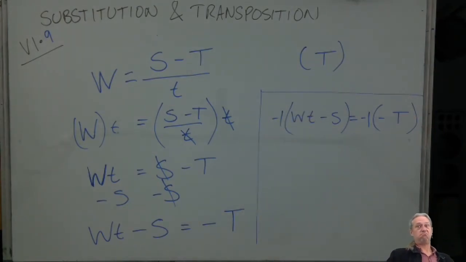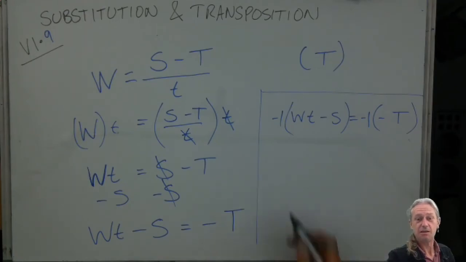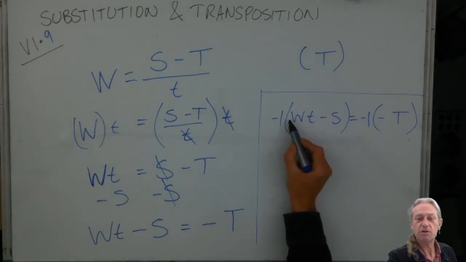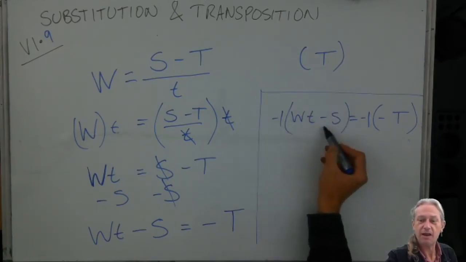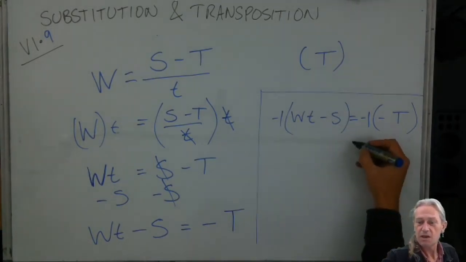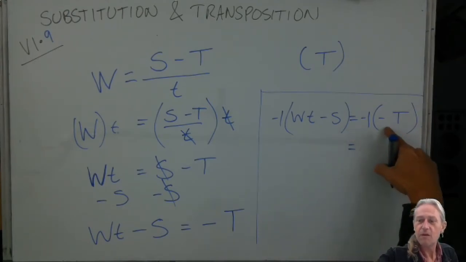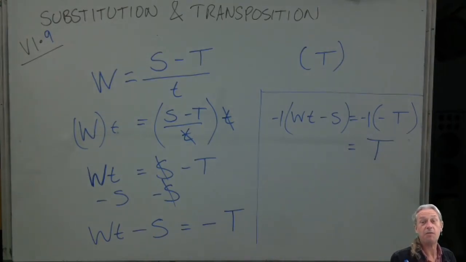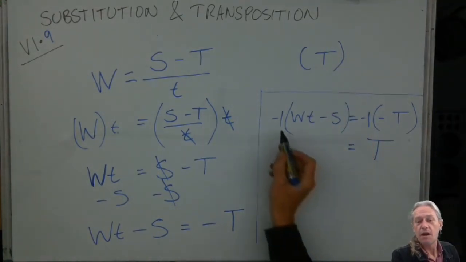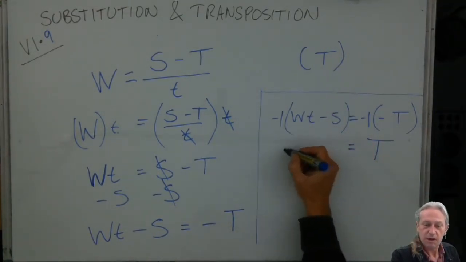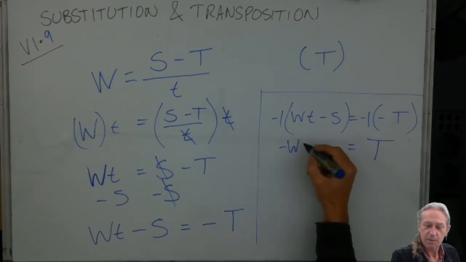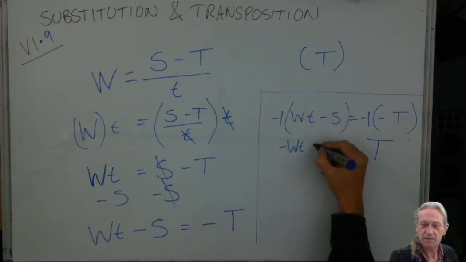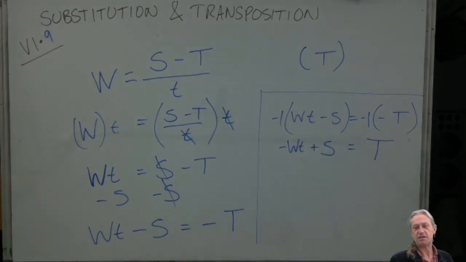Multiplying by 1 doesn't really change anything, but the negative will swap, it'll turn positive things negative and negative things positive. So over here, a negative times a negative gives us positive T. That's what we're aiming for. And over here, we've got negative capital W little t, and then a negative times a negative, positive S.